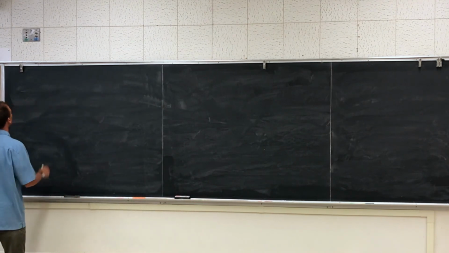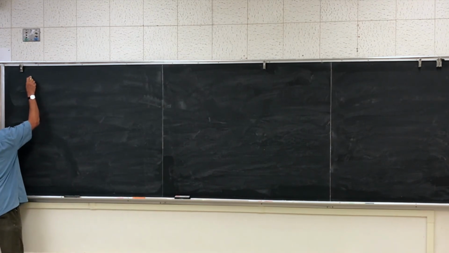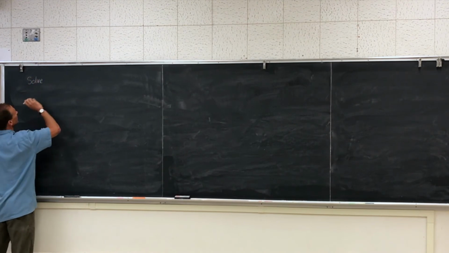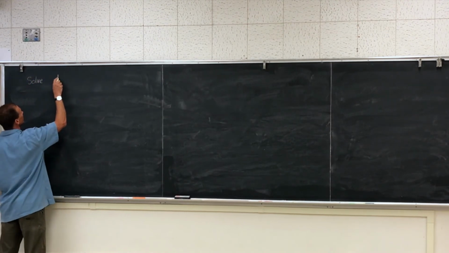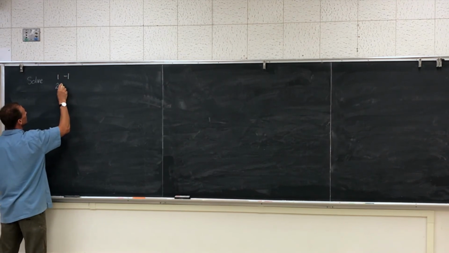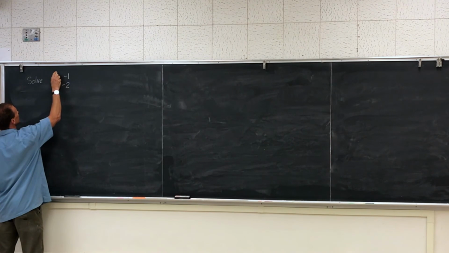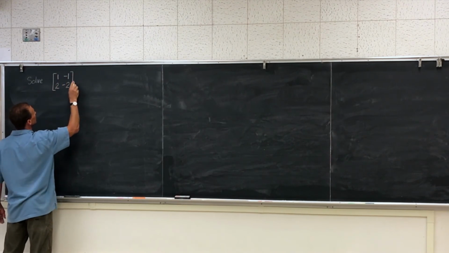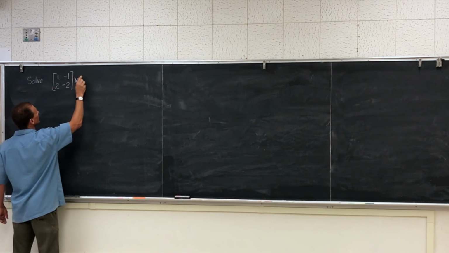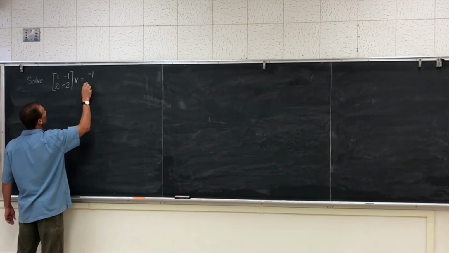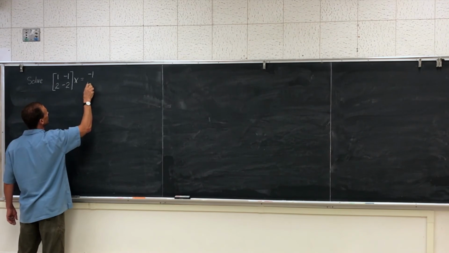Here they are. First one is this. We're going to solve the matrix equation of, how about, 1 minus 1, 2 minus 2, times x, is equal to, let's try minus 1 and, oh, how about 6?